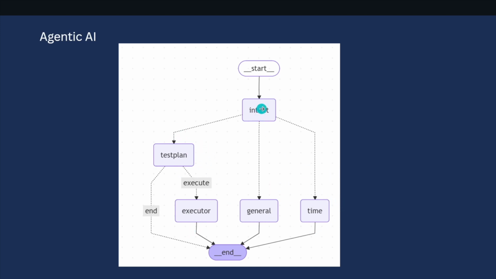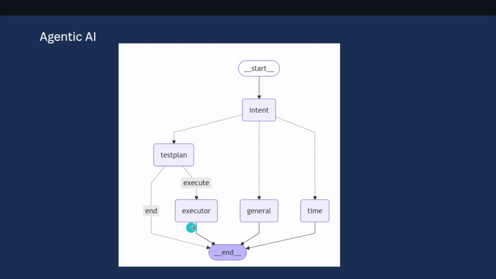If the user input is current date and time, it comes to this path, executes, and then generates the response. If it is a general query, apart from test plan and date and time, it will come to this path, where we have the model, and then it generates the response. So time is one chain, general is one chain, and executor is one chain.